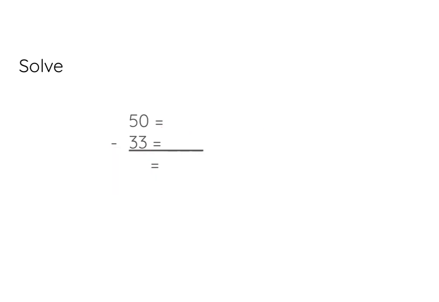Okay, 50 subtract 33. Pause the video and try this on your own. All right, did you start out by putting a minus 33 over there? And then in your mind thinking 33's next 10 equals 40. Now I just need to rename 50 as a 40 plus a 10.